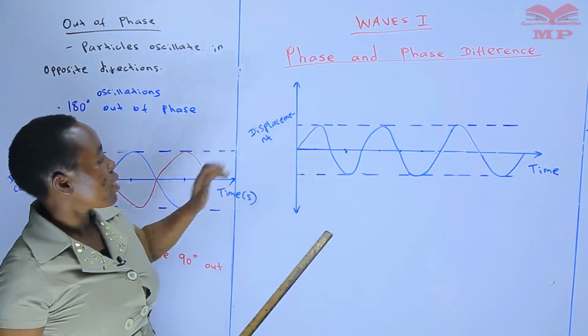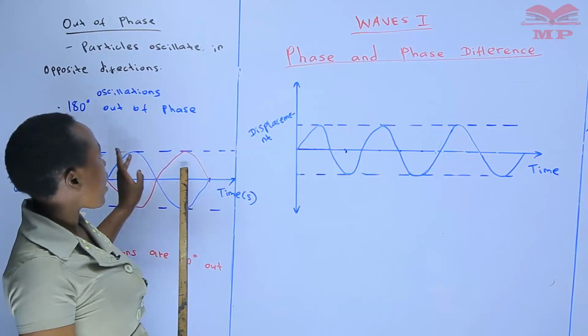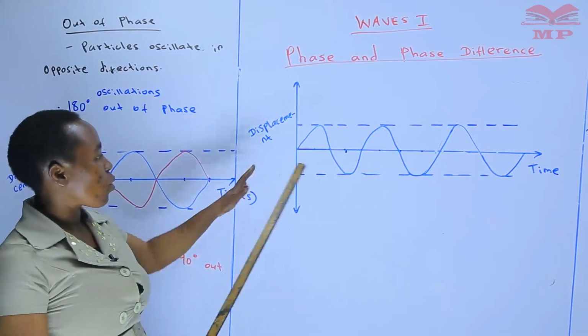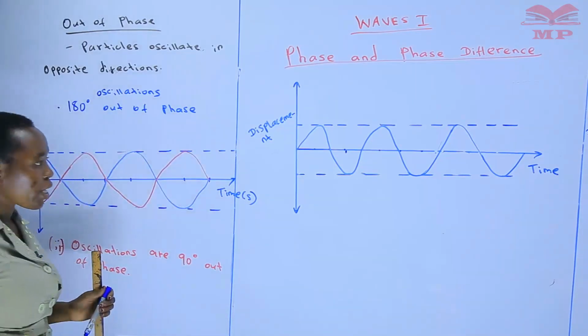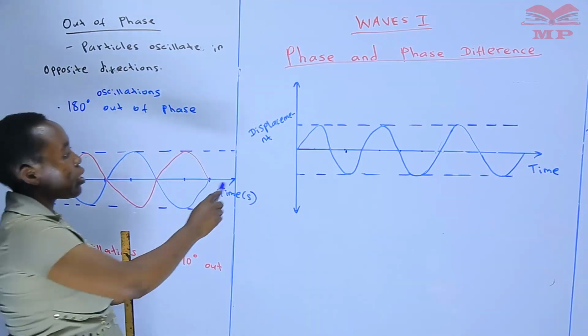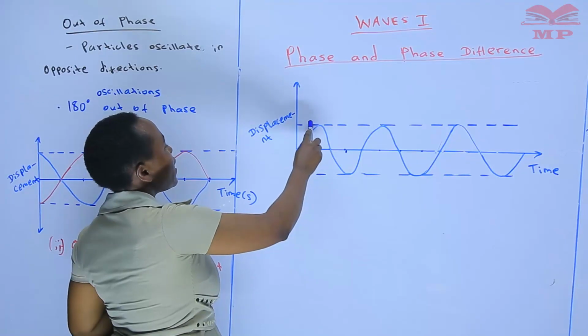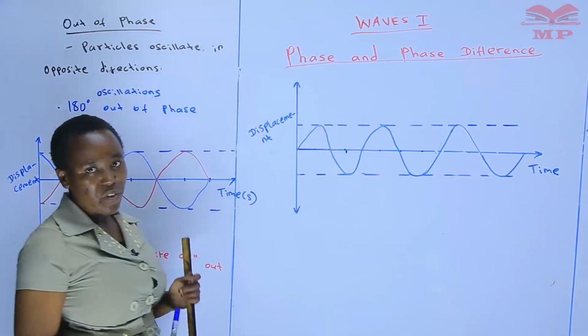You can try this. You have done the one for 180 degrees out of phase. Using the same sketch, you just come and plot. Now we have 90 degrees out of phase.